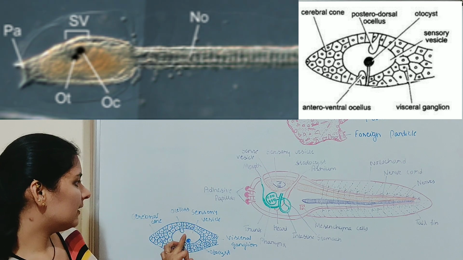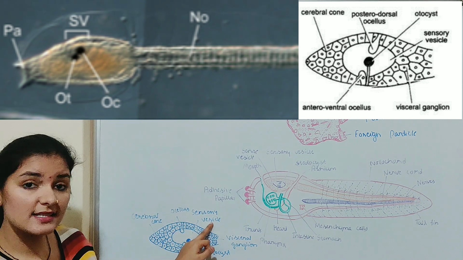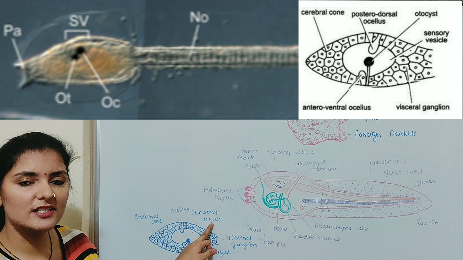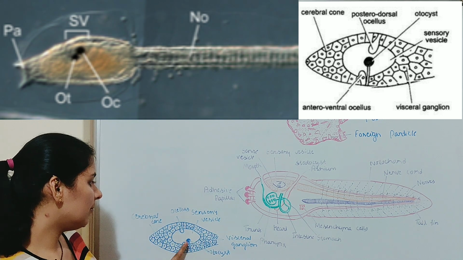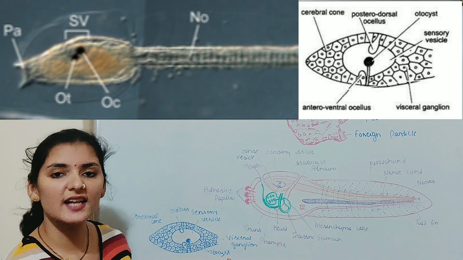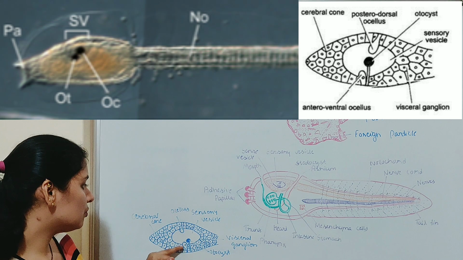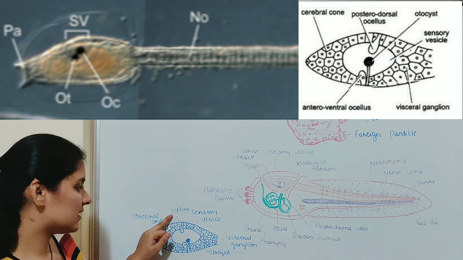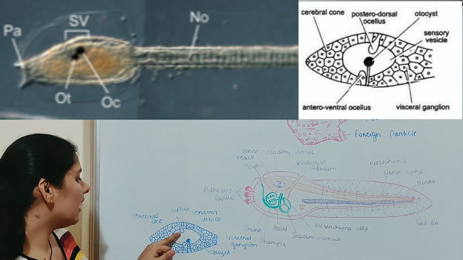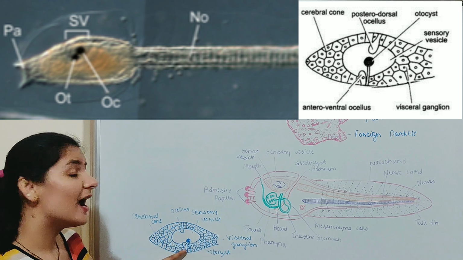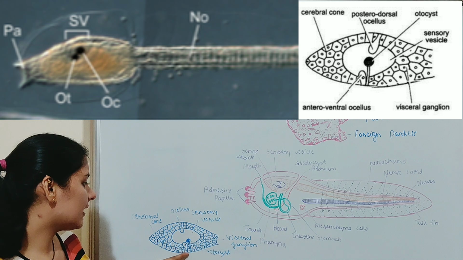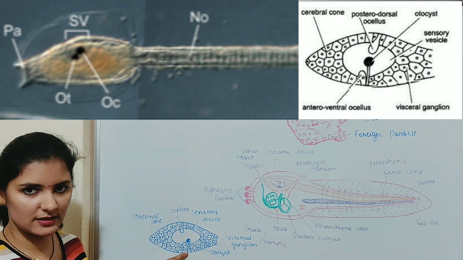The second part, or the middle part of the sense vesicle, is the sensory vesicle. This sensory vesicle also consists of three parts. The first one is an unpaired or single pigmented part called the otocyst or statocyst, and two paired unequal ocelli are present. The larger ocellus hangs from the roof of this sensory vesicle and the smaller ocellus arises from the floor of this sensory vesicle.